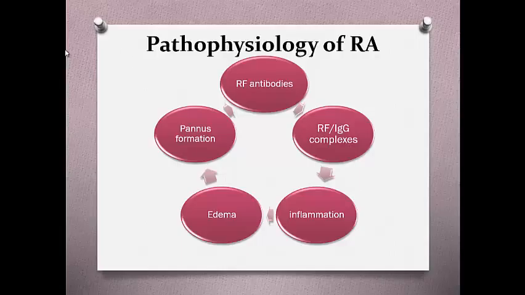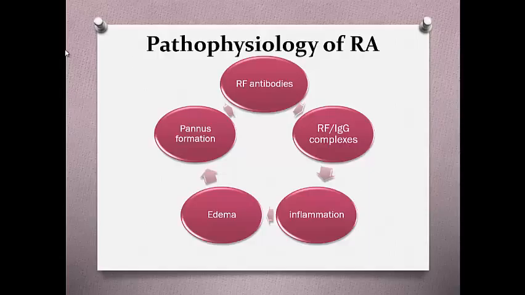And these rheumatoid factor antibodies develop in the synovium to fight IgG. Remember that IgG works to protect the body from infection. And IgG are normal antibodies that are in the blood. So again, we have these rheumatoid factor antibodies, and then they start fighting the normal antibodies that you have, and they link on to the IgG complexes.